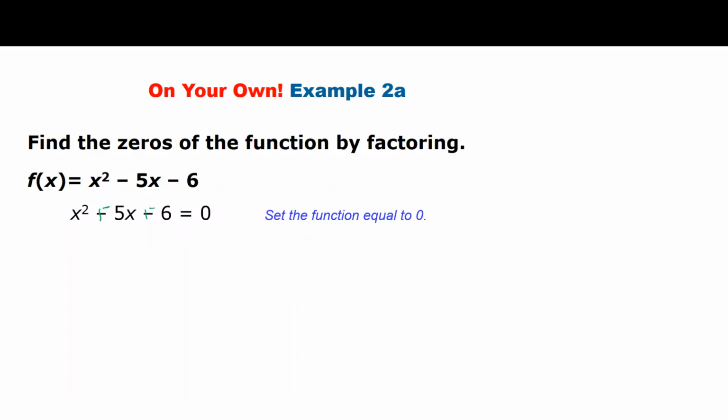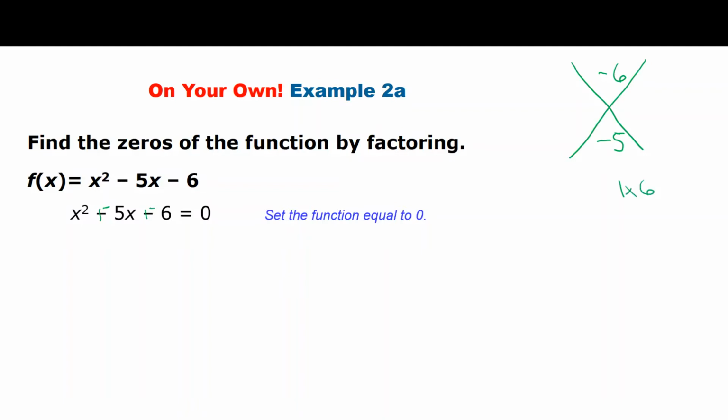So here I'm going to say -6 times 1 is -6, and I have a -5. So I'm going to find two numbers that multiply together to get -6 and add together to get -5. So I'm going to start out with my 1 times 6.